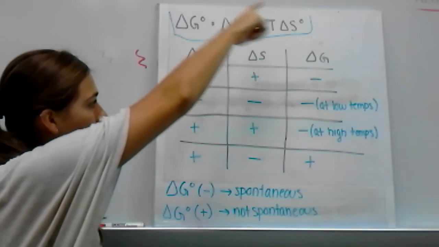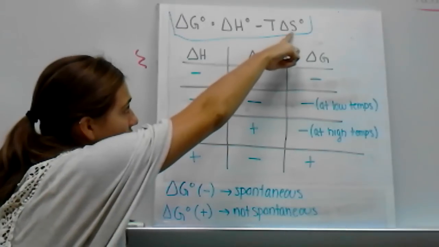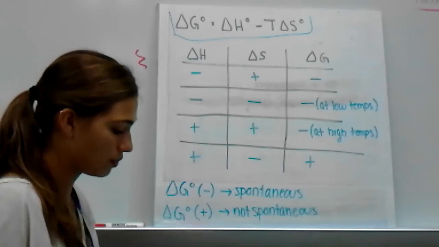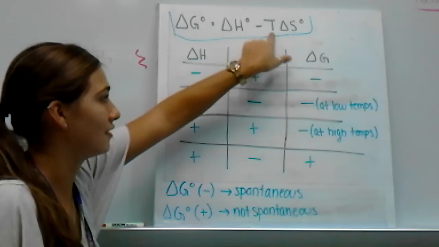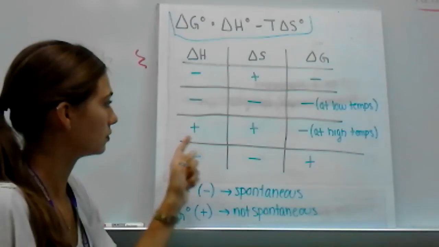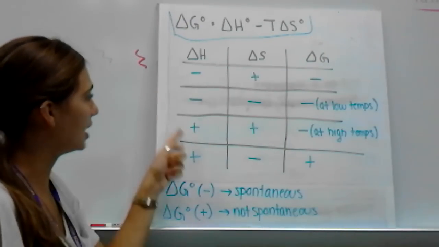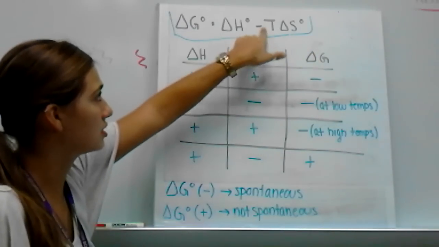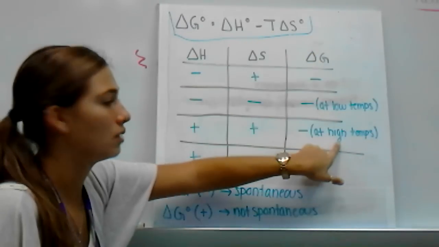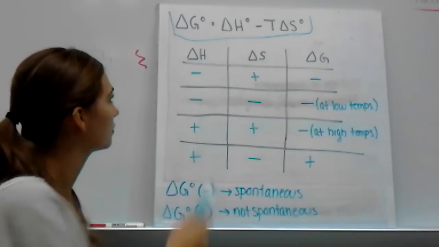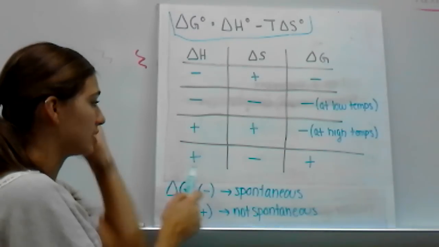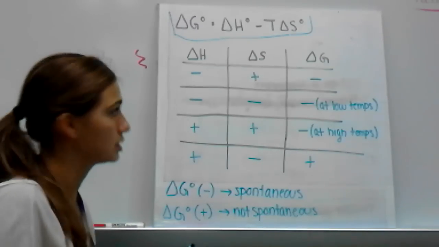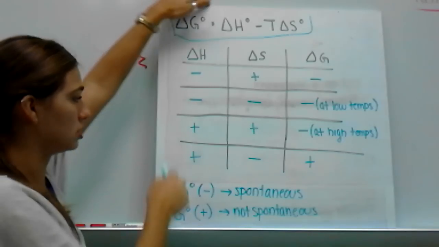So we have a negative delta H here, and we're going to have a negative delta S. The only way that it's going to end up being negative, since we have a minus sign, is if this temperature is really low. If we have a positive delta H and a positive delta S, when this temperature is high, it's going to be spontaneous. Now if we have a positive delta H and a negative delta S, it is never going to be spontaneous. So make sure you copy this chart down.